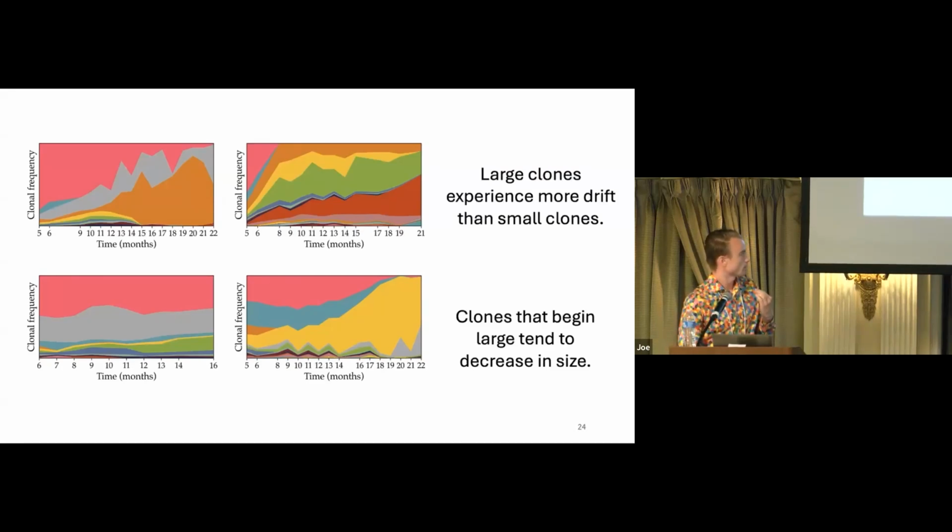I think what could be happening is that they're just being called on very early on to differentiate a lot, and that causes them to be overrepresented early on, and then these clones might be burning themselves out. And so the pink clone might be overrepresented early and then underrepresented later. So yeah, this is something I really need to understand better. Cool, thank you.